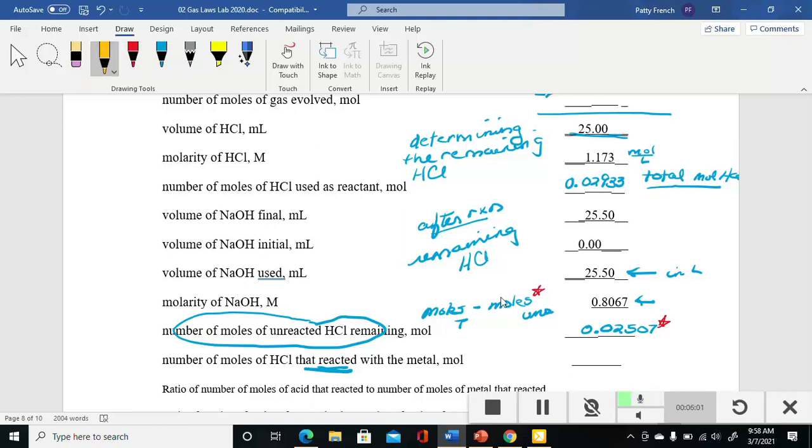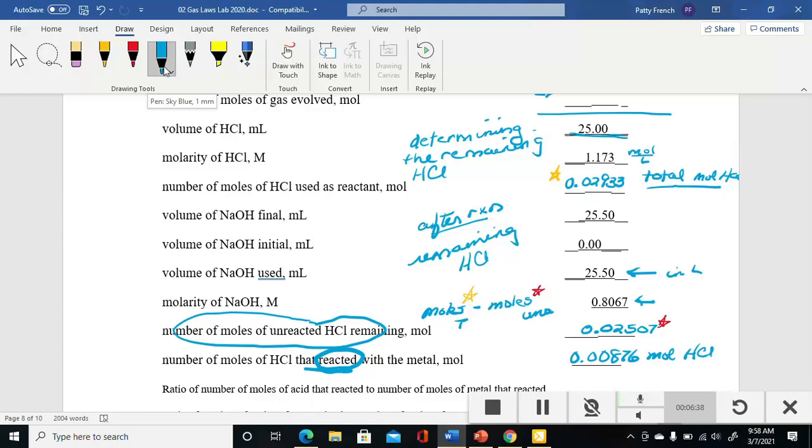The moles total is right up here. So subtracting those two, we find that the moles reacted was 0.00876 moles of HCl that actually reacted. Those were part of our experiment.